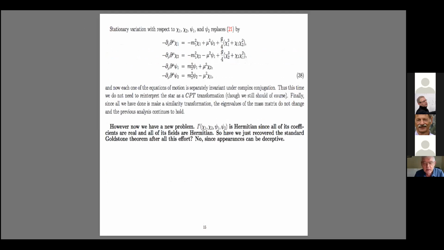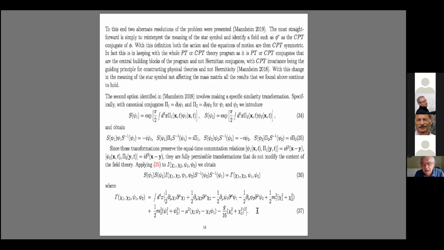Hermiticity cannot be determined by inspection. And why do we know that the theory is not Hermitian? Because we know the mass matrix has all three of the PT theory realizations, depending on the values of the parameters: all eigenvalues real, eigenvalues in complex pairs, and mass matrix not diagonalizable. And yet, the action looks like it's Hermitian in all of those cases.